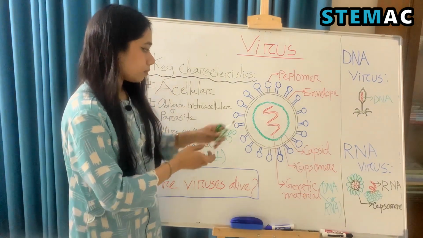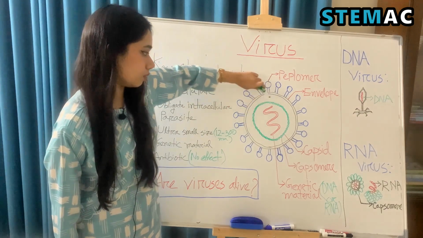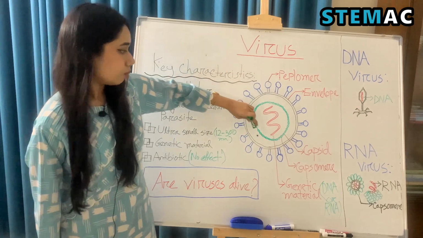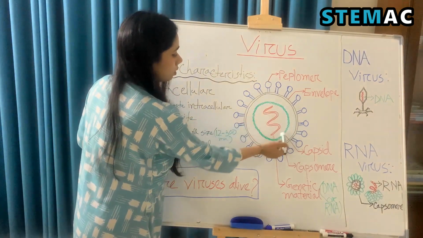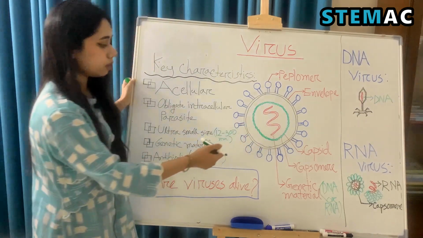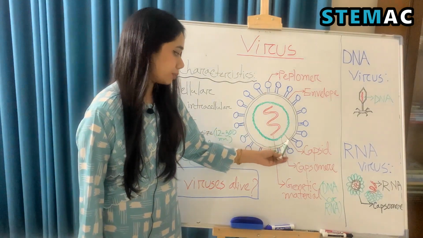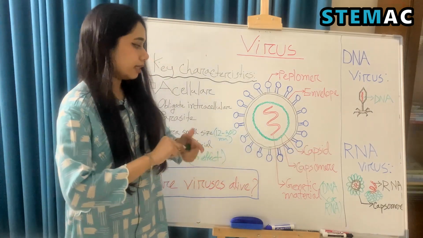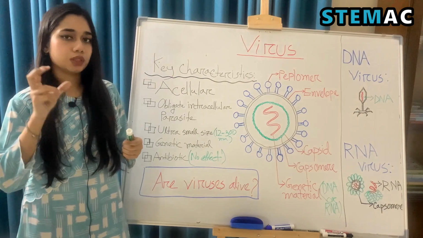Now outside of this genetic material, or outside of DNA or RNA, we have this protein coat. You see this circular green structure. This is a protein coat, and it's called capsid. This capsid is made of single protein molecules.